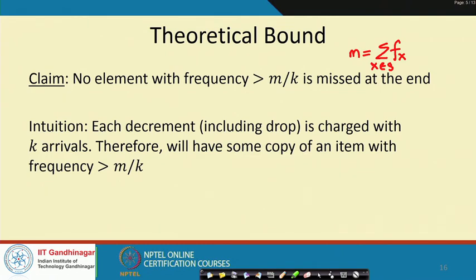Therefore if the frequency of an element is strictly bigger than m by k, I must have it at the end. So this seems like an intuition, but it is really very formal.